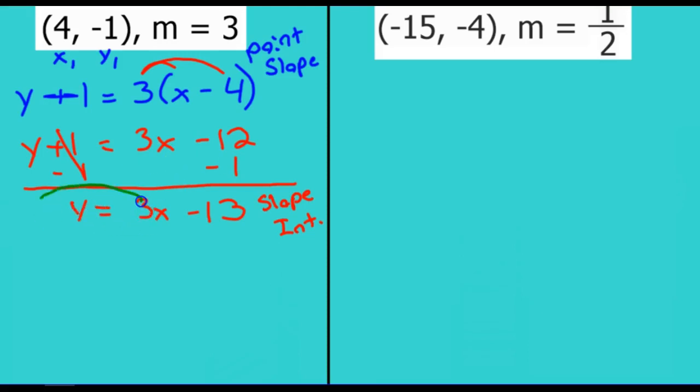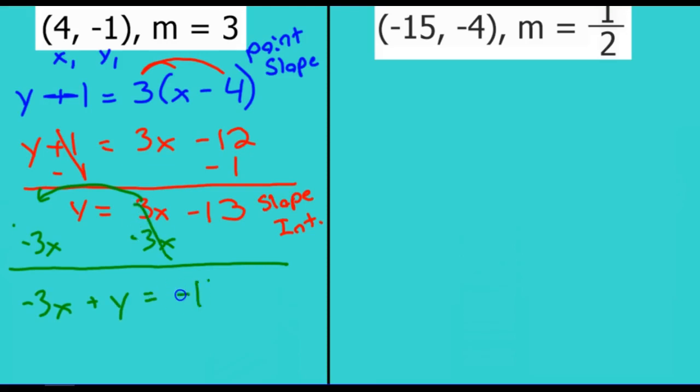So I'm going to move this 3x by subtracting it. And because I can't combine x and y, I just get a negative 3x. The y is positive, so plus y equals whatever we have left over here, negative 13. So this is standard.